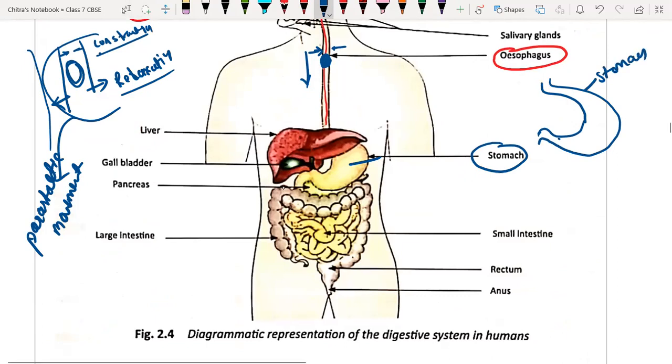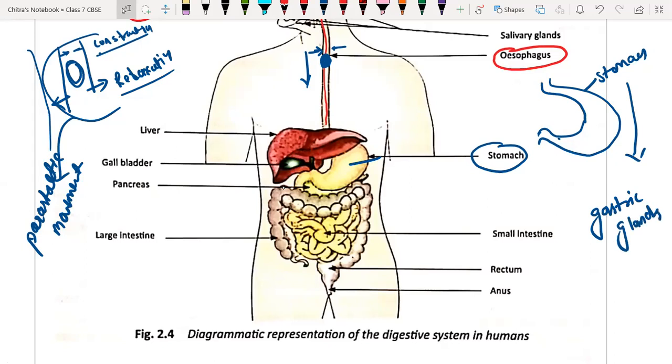The wall of the stomach contains gastric glands. The gastric glands secrete three main products. One is mucus. What is the main work of mucus? Mucus forms a layer to protect the inner layer of the stomach.